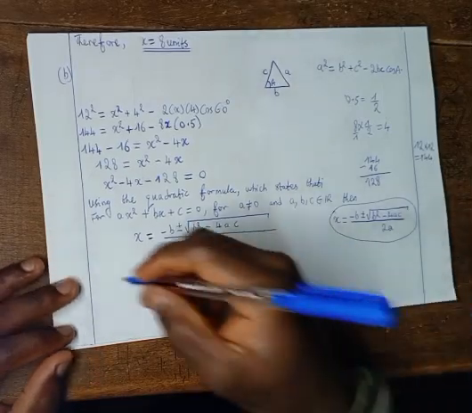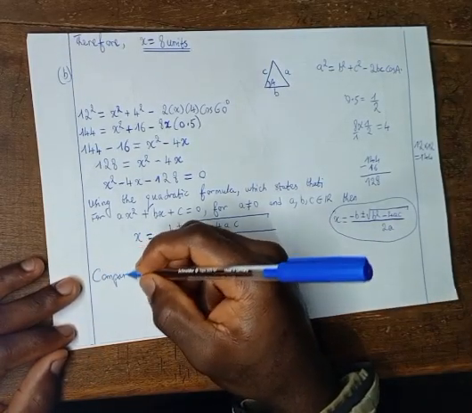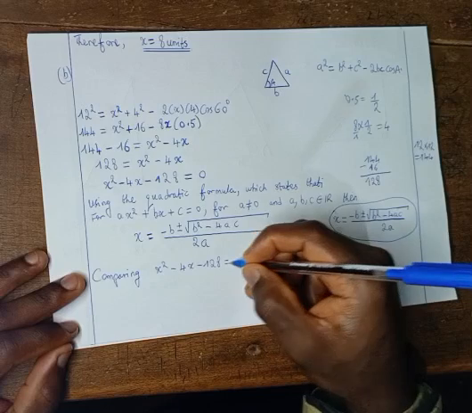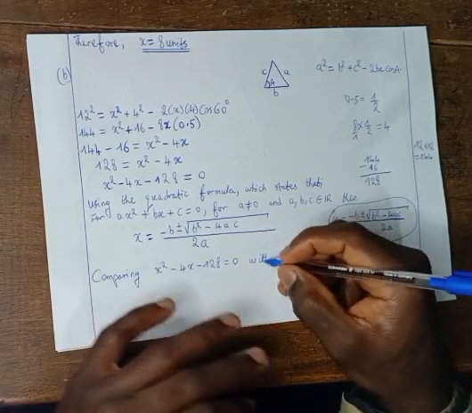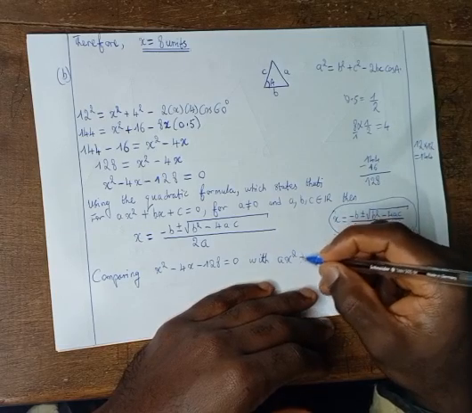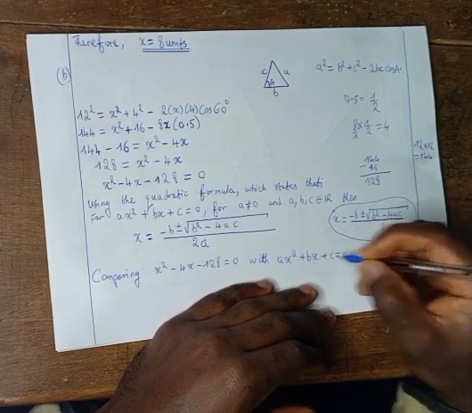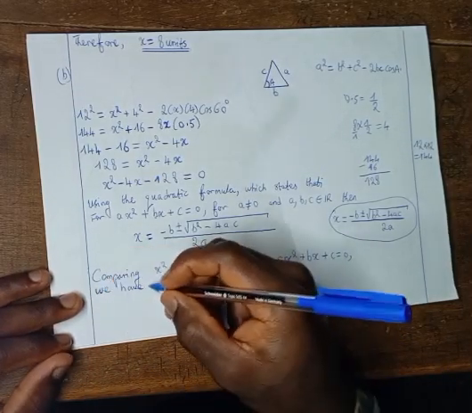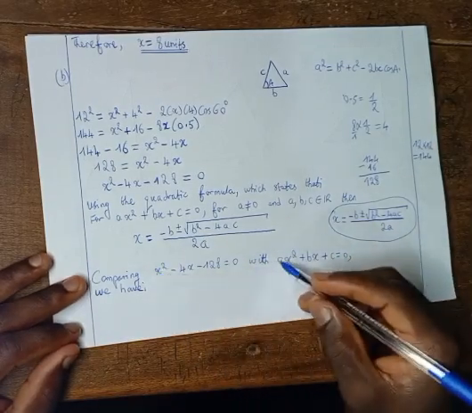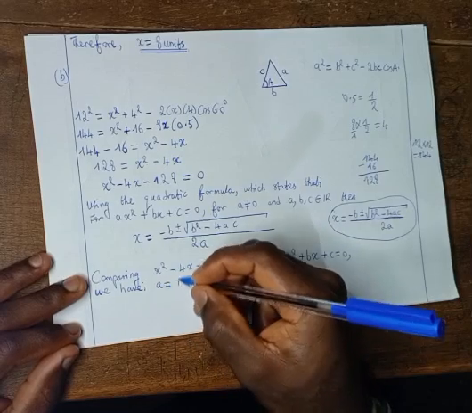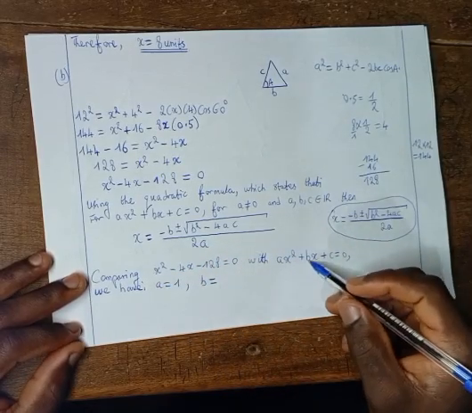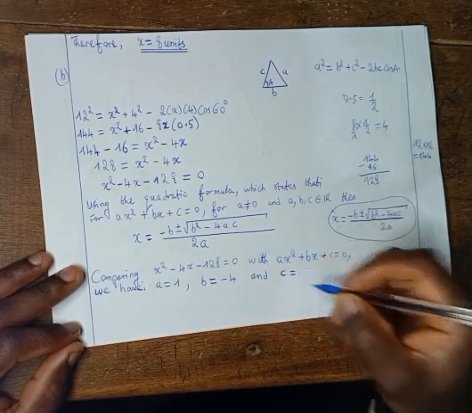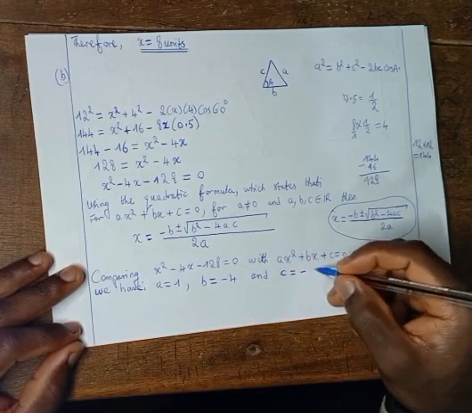Next, now, if we compare x squared minus 4x minus 128 equal to 0 with the general form of a quadratic equation, ax squared plus bx plus c equal to 0, we have a will simply be the coefficient of x squared, a will be equal to 1, b will be the coefficient of x, b will be equal to negative 4, and c, the constant term, will be equal to negative 128.